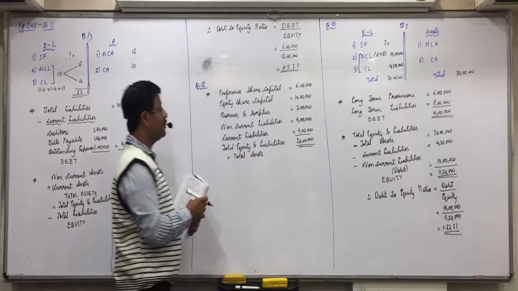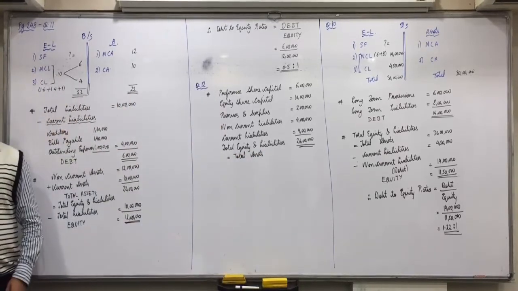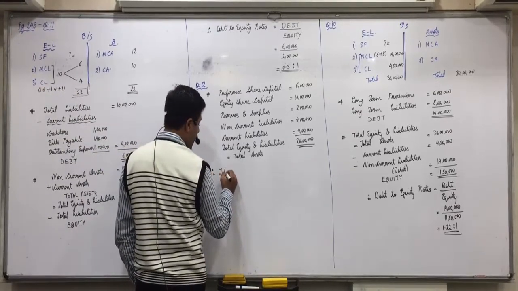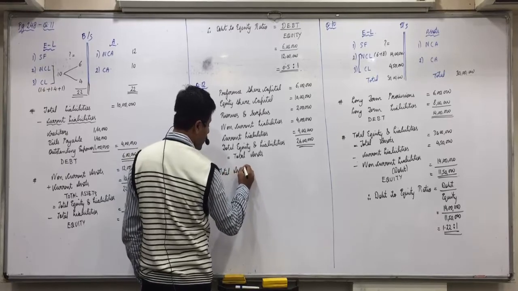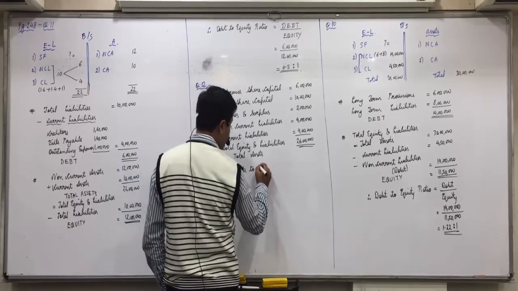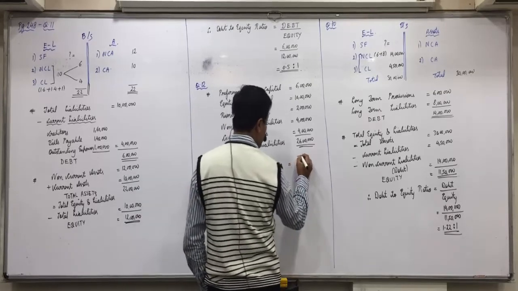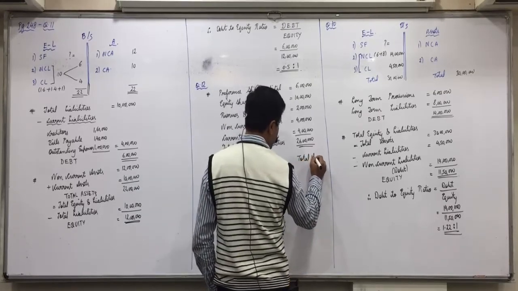Now we can apply the formula. So assets to debt ratio is equal to total assets divided by debt.